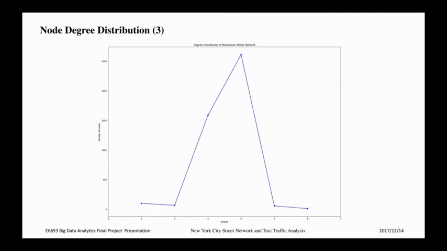According to another paper, Collective Dynamics of Small-World Networks, in a small world, a network exhibits a large local clustering typical of regular lattices. Based on this figure, we can make a guess that Manhattan's street network may be small world.